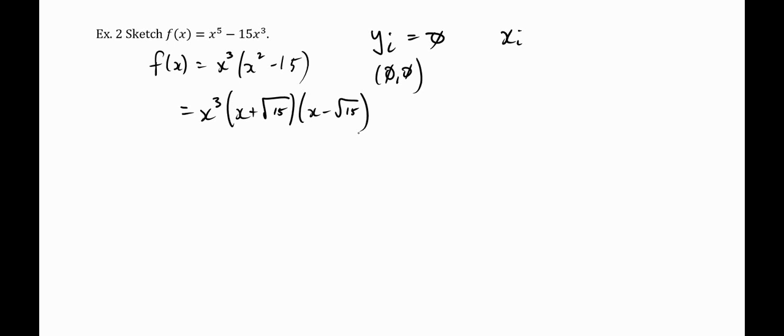So there's going to be a point at 0, 0. And my x-intercepts are at, like, I could show this. This is not something we see very often, but it's like a difference of squares, but it's just not a perfect square. So I would still take the square root of 15. So my x-intercepts are plus or minus the square root of 15, which is about 3.9.